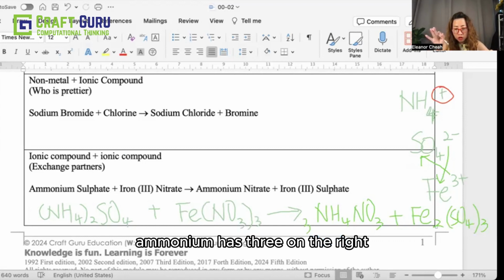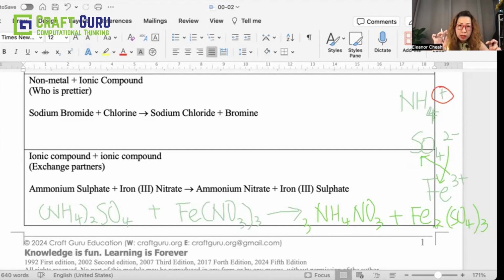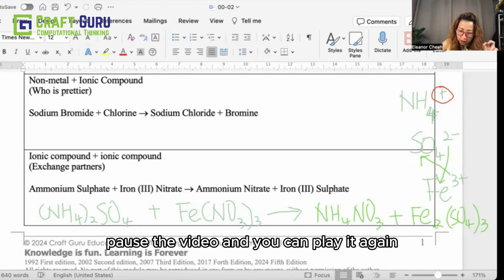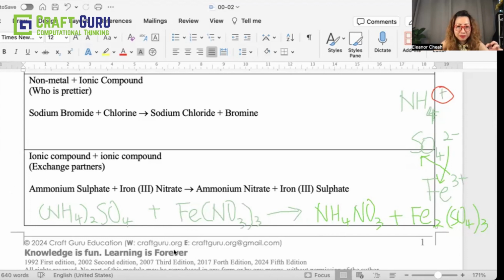Ammonium has 3 on the right, but 2 on the left only. So how can we balance this? Let's think of how to balance this equation, pause the video and you can play it again so that we can check the answer whether your thinking is the same as what I'm thinking.